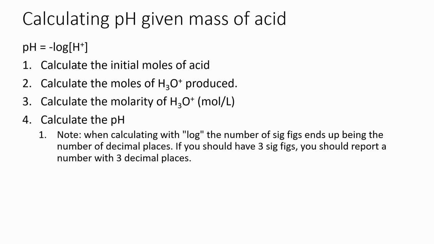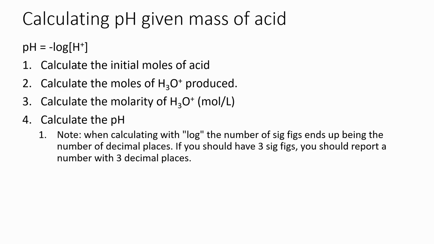So this is telling me it's the negative log of the concentration of hydrogen ions. So that tells us that this needs to be in moles per liter for this to work. So we're going to get a problem. It's going to tell us a mass of an acid, and it's going to tell us the volume.